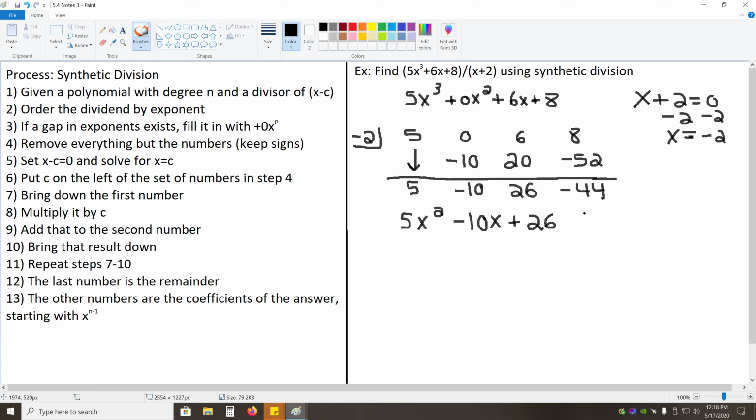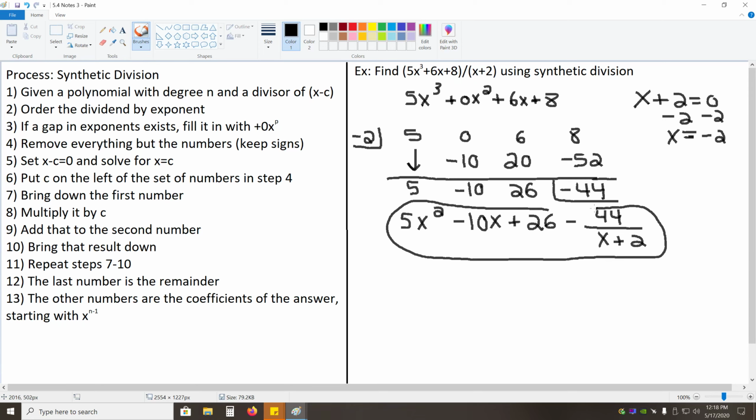And now this minus 44, the last number, as I said, always represents the remainder. So we get minus 44 over the original divisor, x plus 2. And this is our solution. 5x cubed plus 6x plus 8 divided by x plus 2 is 5x squared minus 10x plus 26 minus 44 over x plus 2.